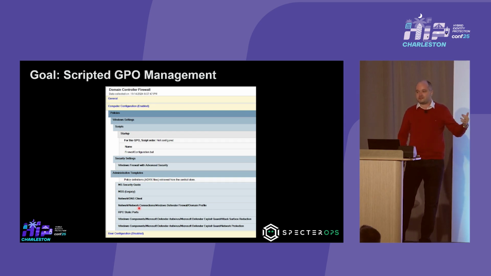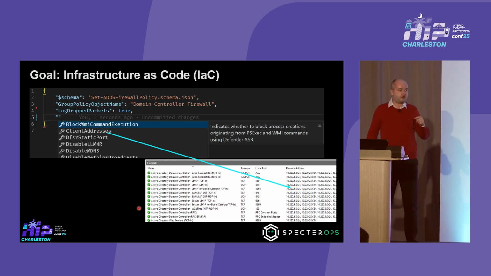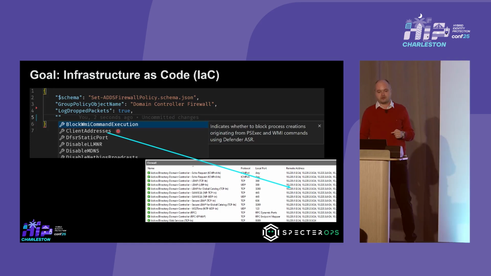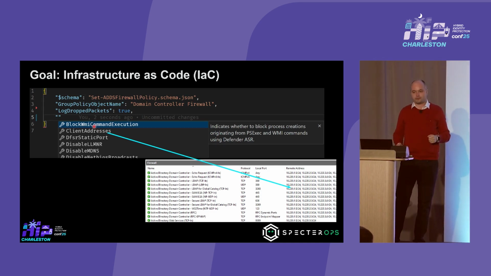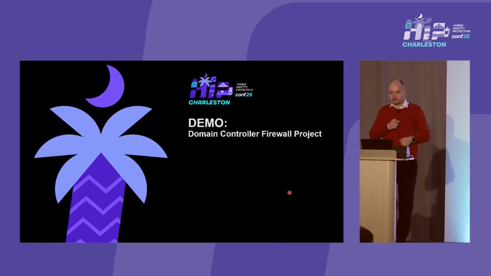It's not created manually, it's created automatically based on a JSON configuration file. So you create a JSON file, say what the name of that group policy should be, what settings should be included, and then you run the PowerShell script and it creates that GPO with all those IP addresses in those rules and so on. So let me show you a demo of that.